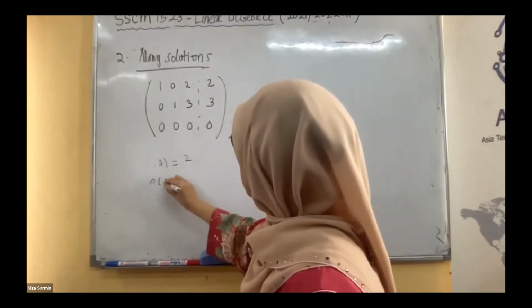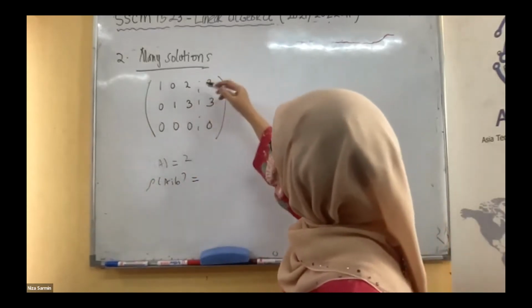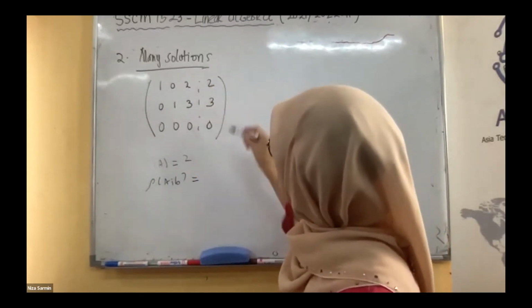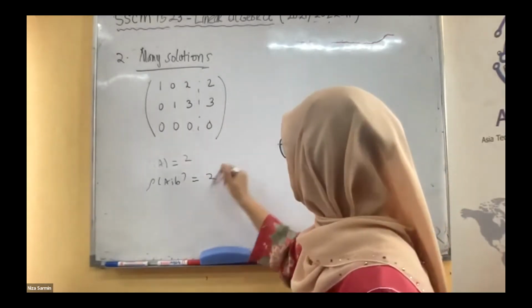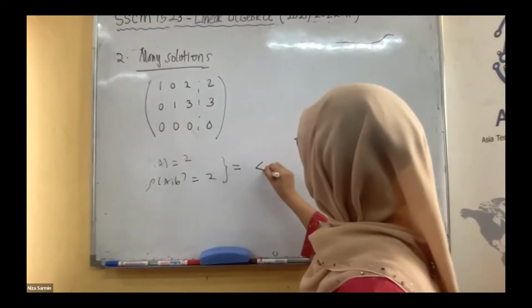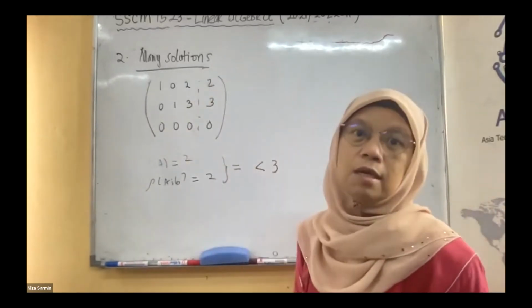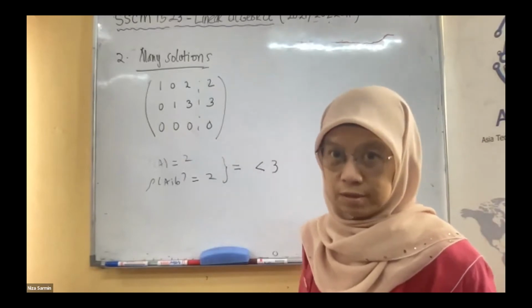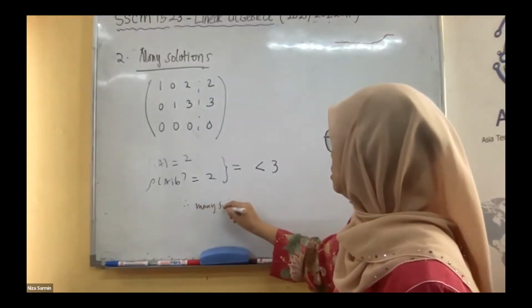The rank of A, B is also 2. So it's equal, but less than 3, which is the number of variables. Okay, so many solutions.